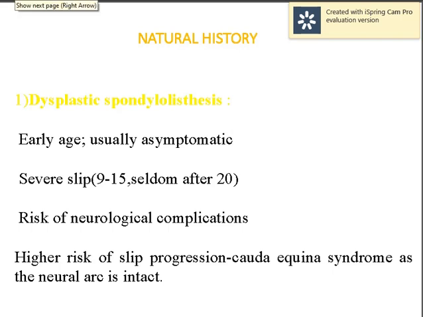In natural history, in case of dysplastic spondylolisthesis, it is seen at an early age, usually asymptomatic, and severe slip is seen between 9 to 15 or after 20 years. There is a risk of neurological complications, a higher risk of slip progression, that is cauda equina syndrome, as the neural arch is intact.